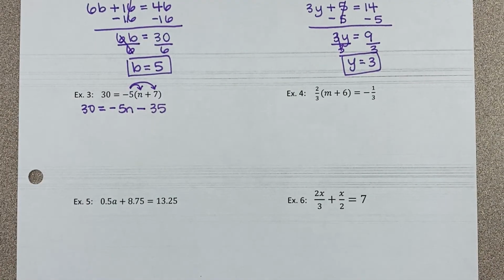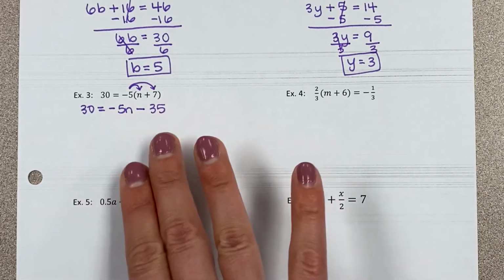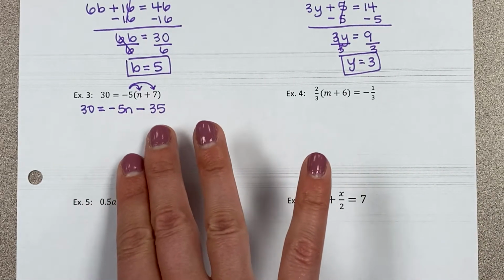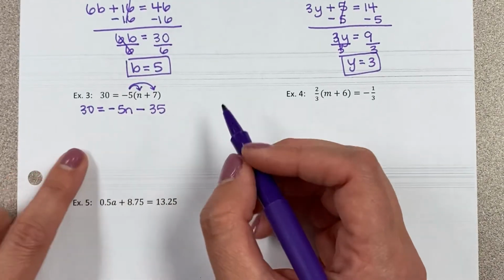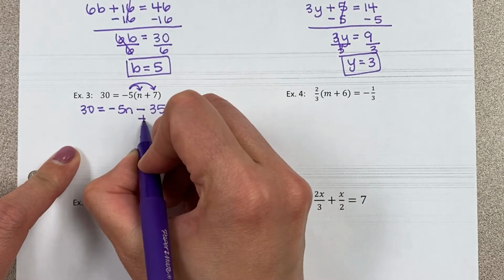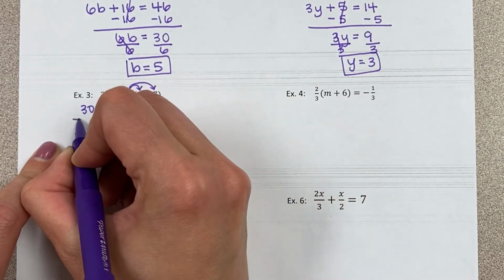Did you notice how I did not write plus a negative 35? We don't want to write the two symbols next to each other like that. It just becomes negative 35, which is also minus 35 here. Okay? So I want n by itself, so I need to move this 35. Right now it's minus 35. I need to do the opposite.